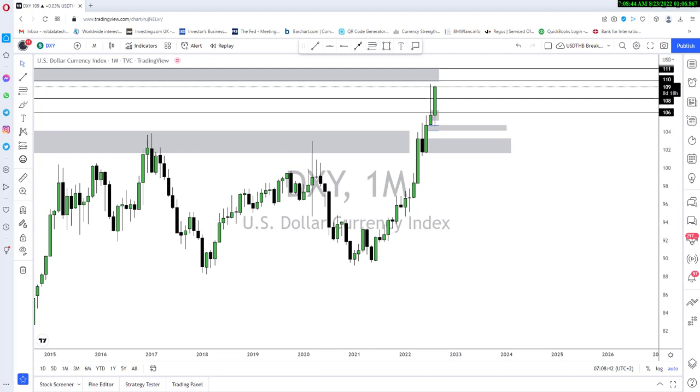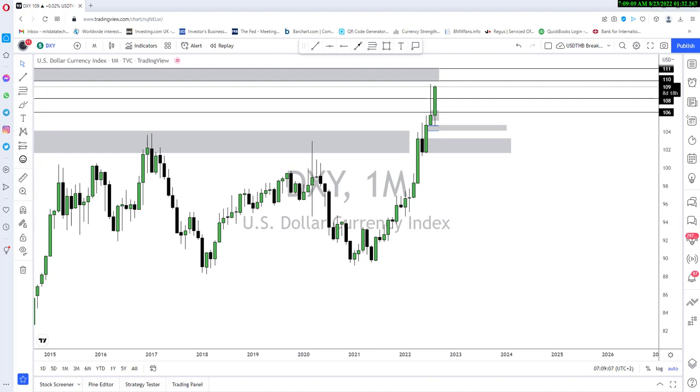So, as we have seen yesterday and early Asian session today, the dollar has really maintained its rally. Like I said earlier on last week, I think on Saturday or Friday, that once dollar breaks above 107, yeah, the bullish momentum could be relentless going to the upside.